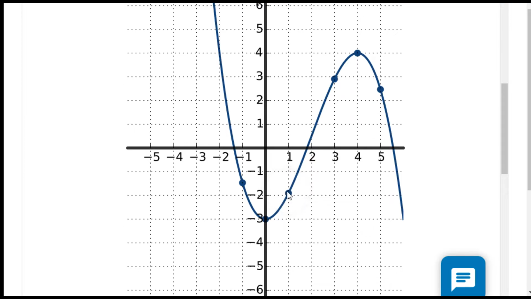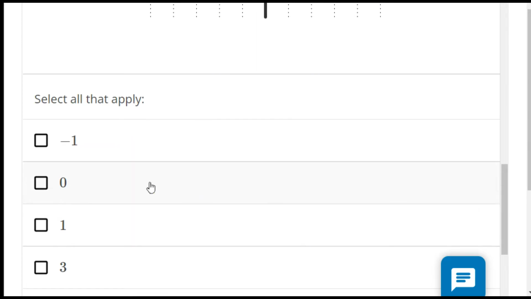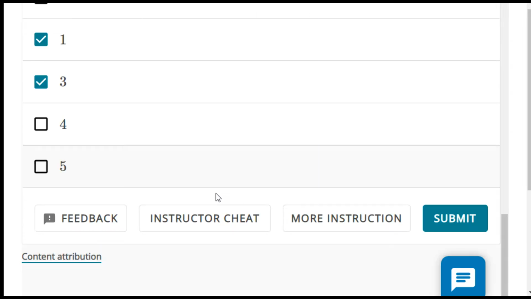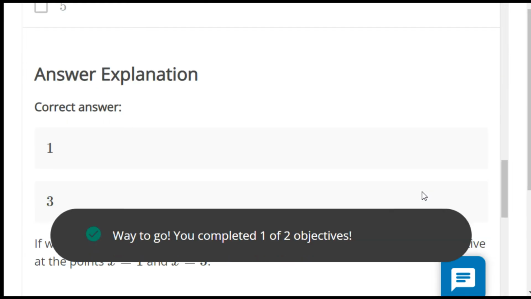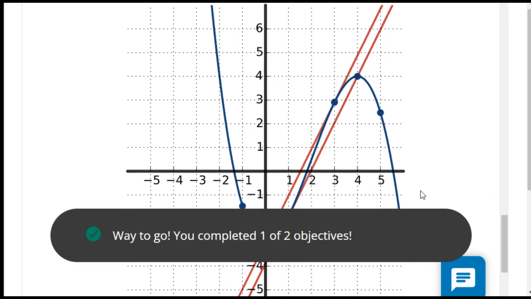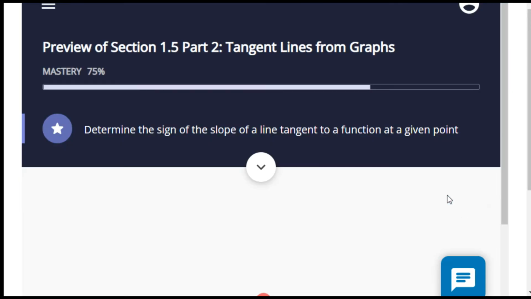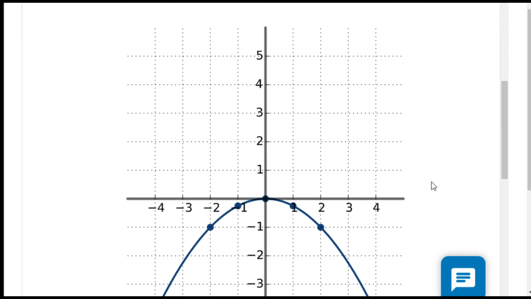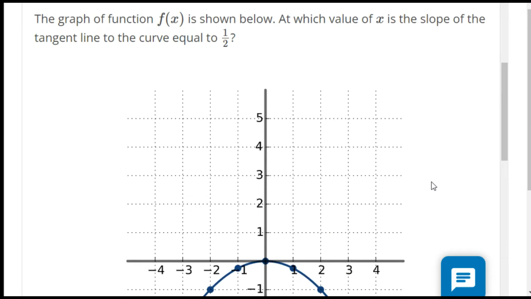And it's only going to be this point and this point. Those are the only spots where if I stuck a line that only touched at that point, it would have a positive slope. So that's at 1 and 3. Oh, there's your picture. All right, both have positive slope. 75%. Woohoo.